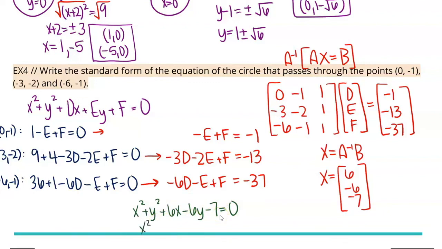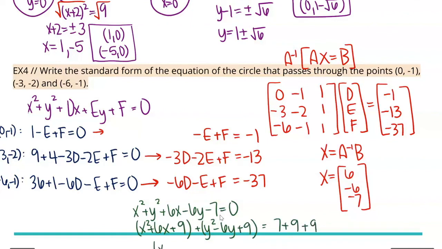I'm going to group the x's together, group the y's together, and then move any constants to the other side. To complete the square for x, I'm going to add 9. To complete the square for y, same thing, I'm going to add 9.